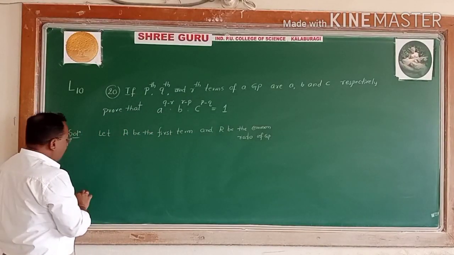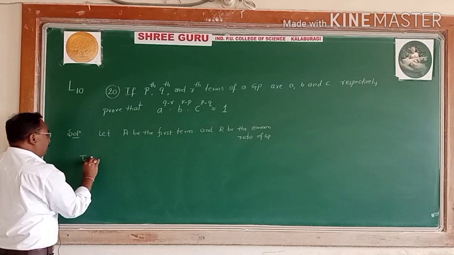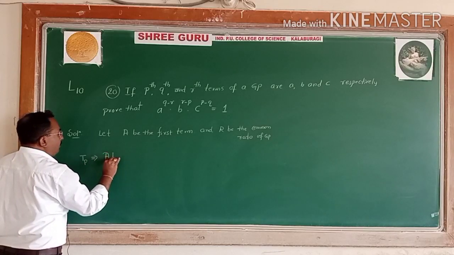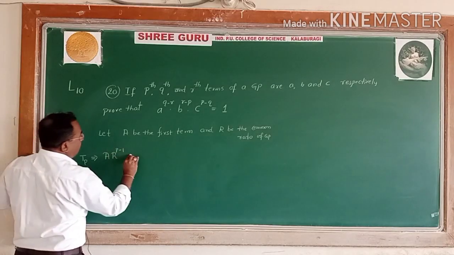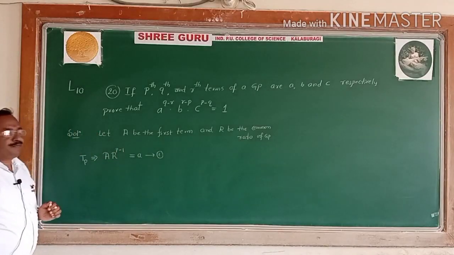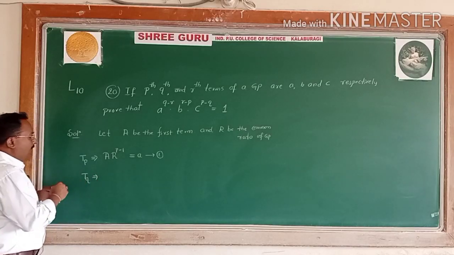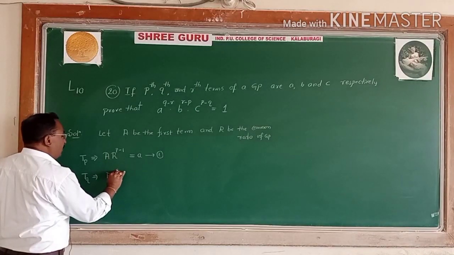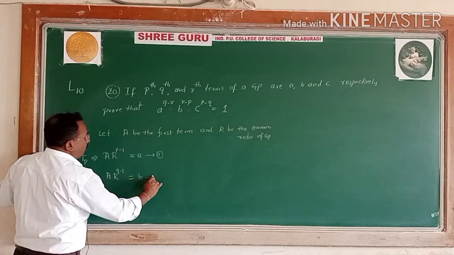Here the pth term is what? A into R to the power p minus 1, respectively, is equation number 1. The qth term is A into R to the power q minus 1, respectively equal to B, equation number 2.